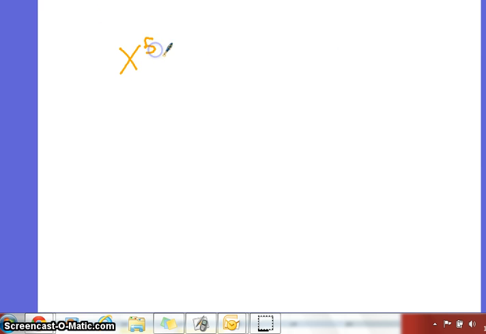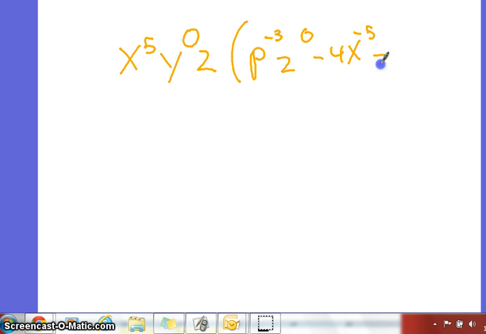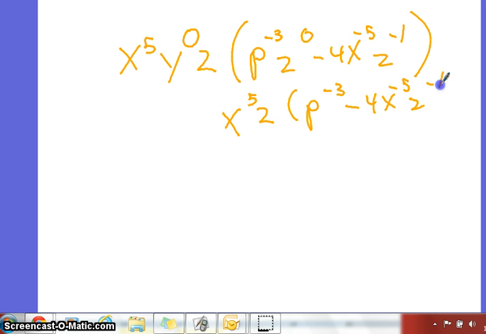x to the 5th times y to the 0 power times z, distribute this, p to the negative 3rd, z to the 0 power, minus 4, x to the negative 5th, z to the negative 1. Let's distribute all that baggage. But before we distribute that baggage, let's make our life a little bit simpler: x to the 5th z times p to the negative 3rd minus 4x to the negative 5th z to the negative 1.